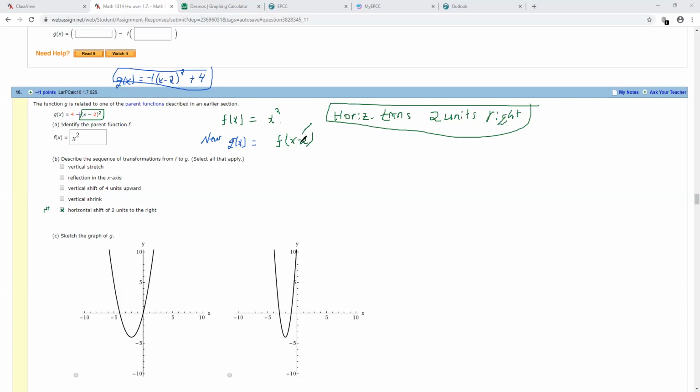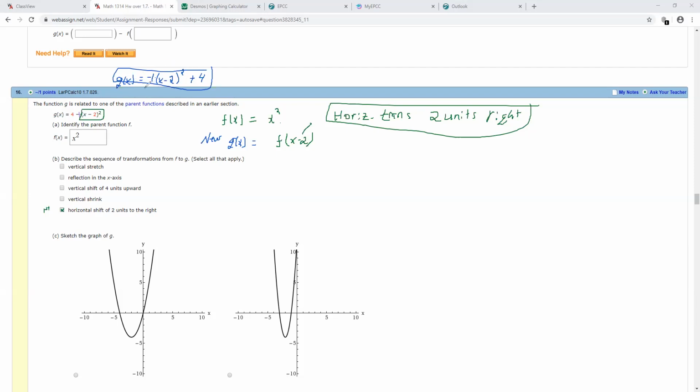So then what's the next thing being done next to the original function, the x squared function? This was the first thing done, the horizontal translation 2 units to the right. What's the next closest thing done to this squaring function: either addition of 4 or multiplication of negative 1. And what do you think we should say the next thing is? What's still right next?